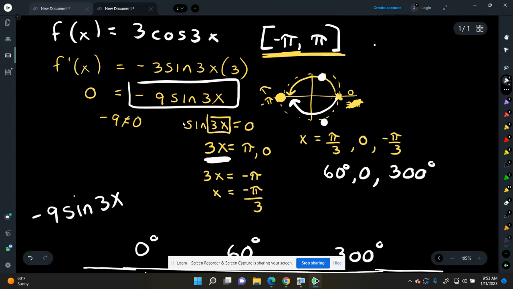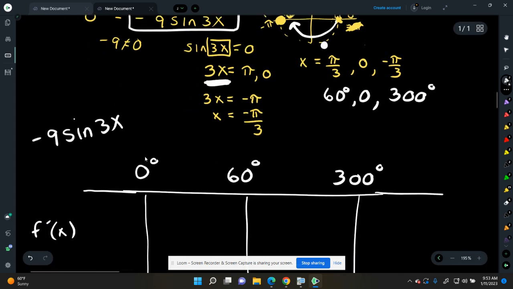So my domain is going from negative 180 degrees to 180 degrees. So if I want to talk about less than 0, what type of value could I pick? Okay, negative 30, negative 60, anything like that, right? All right, negative 30. So let's think about what's happening here. Negative 30 is going to be somewhere down there.